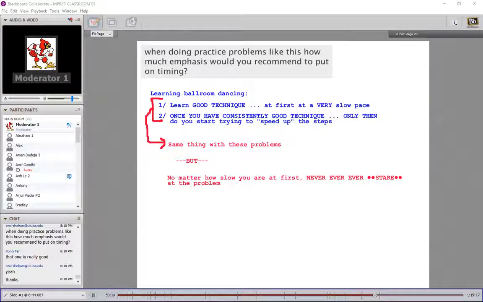These are two very different things, right? If you are just getting used to some idea and you are slow at it, that's fine as long as you are actually getting somewhere and thinking through something specific. But as soon as you get to the point where you're honestly just stuck and taking random stabs at things, you stop. So at the end of the day, it depends on what you mean when you say thinking about timing.